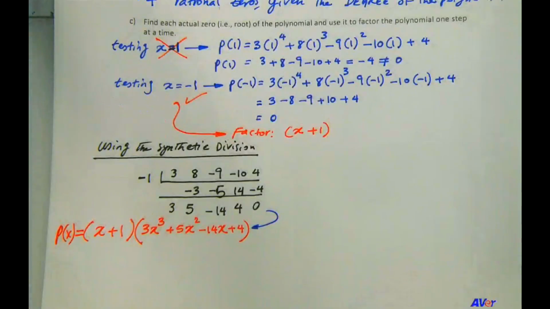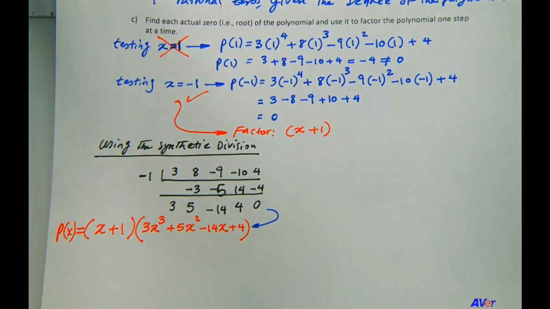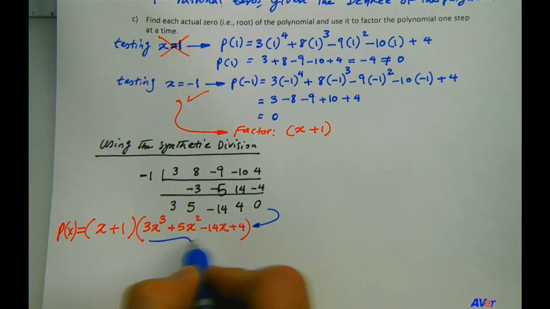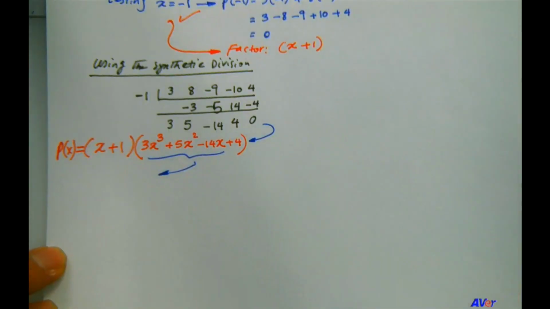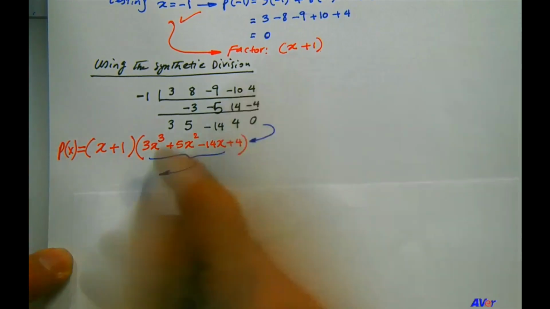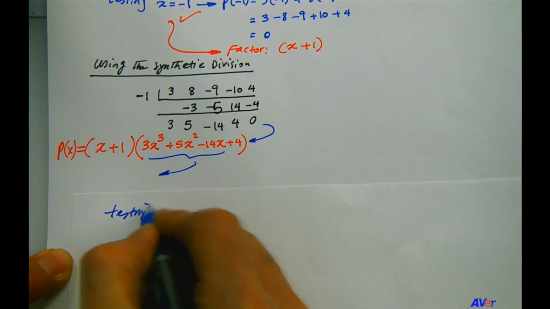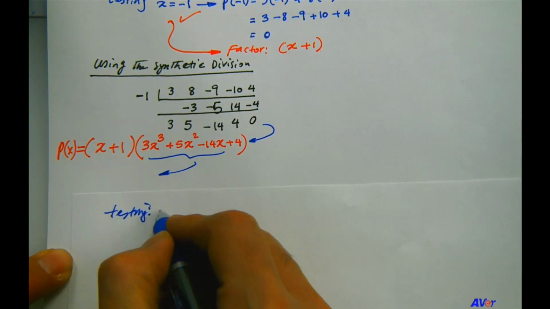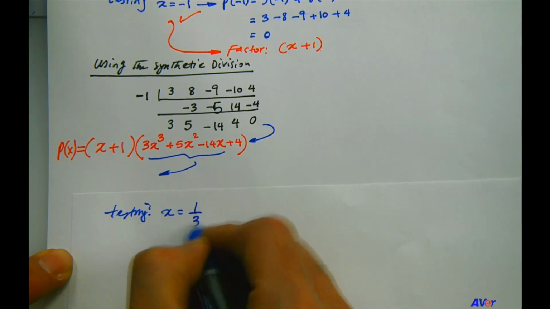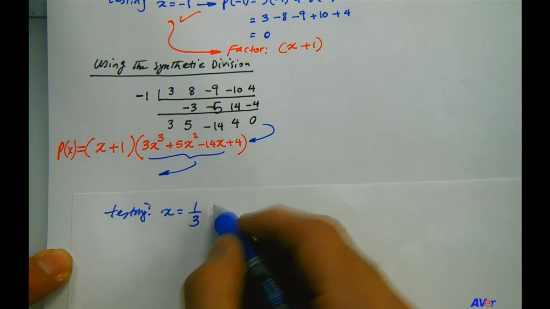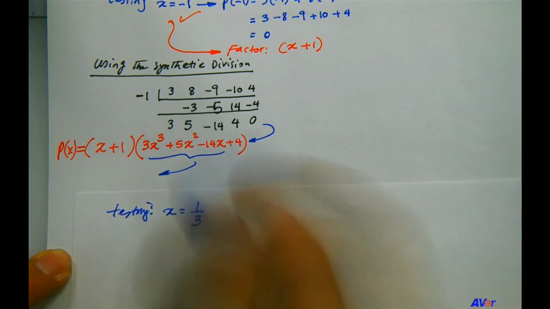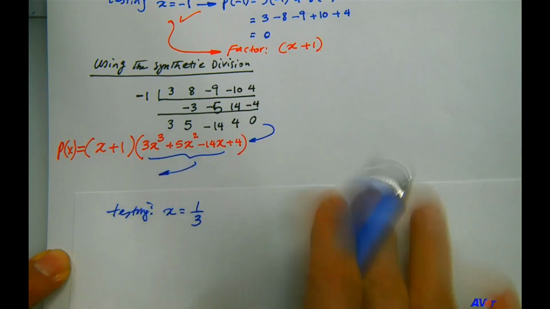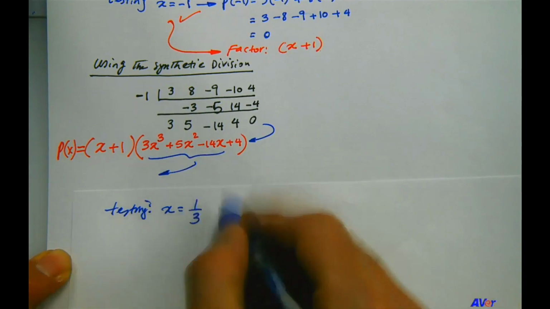Okay, let's do that with this polynomial, testing x equals 1/3. I think it was this one that I checked and worked, not the -1/3 one, but we'll find out.